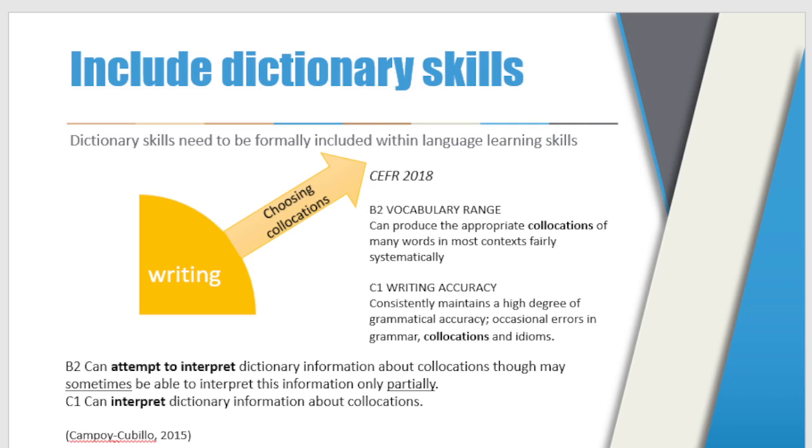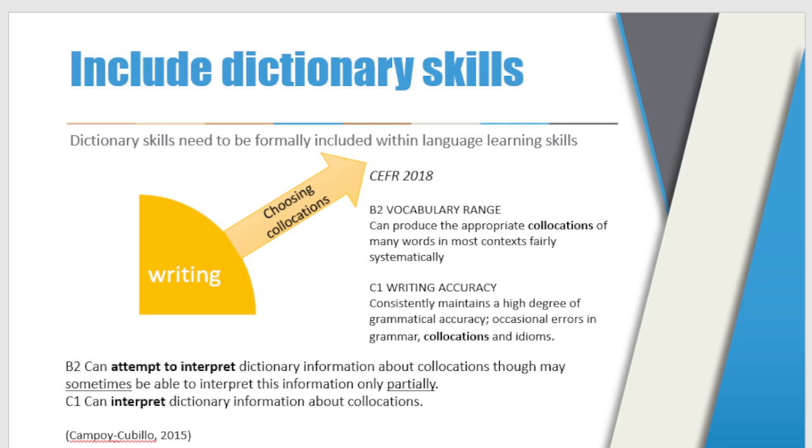The first thing is that we need to locate how that particular ability is located in the language proficiency framework. In the case of the European framework, we can find two descriptors for different levels to show how this is done. For example, the B2 level, which is an intermediate level, when talking about vocabulary range, says that an intermediate B2 learner can produce appropriate collocations of many words in most contexts fairly systematically.